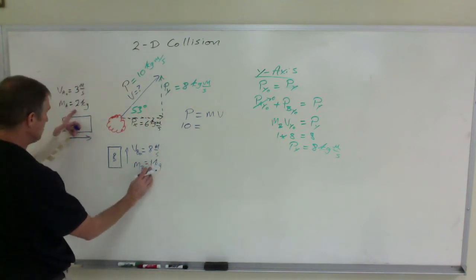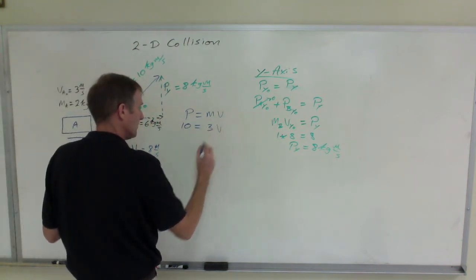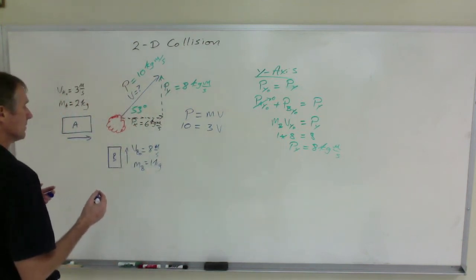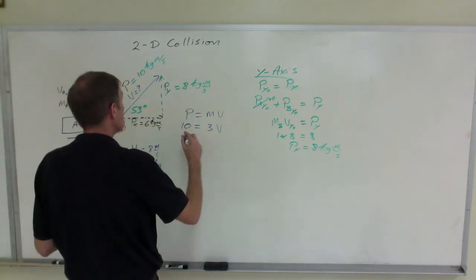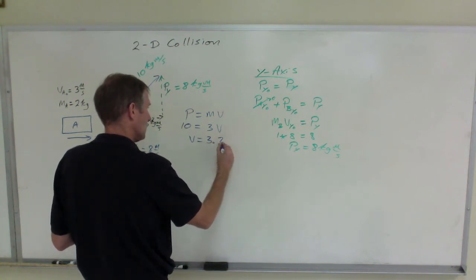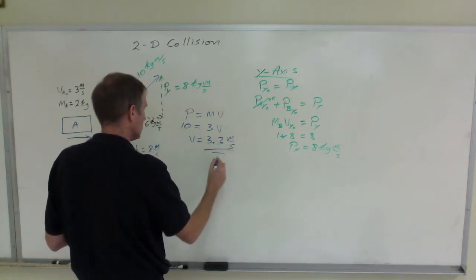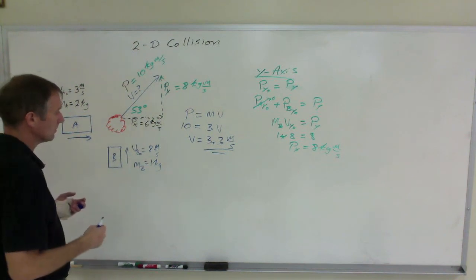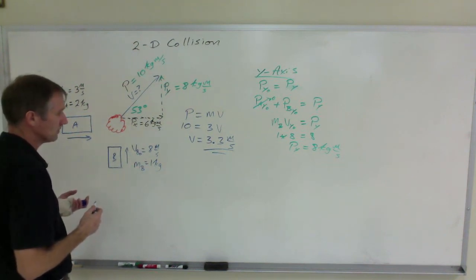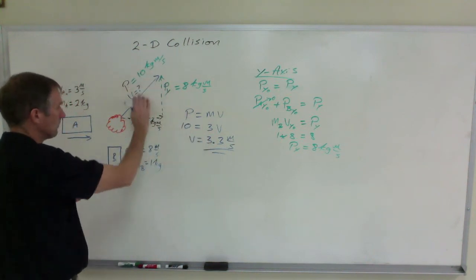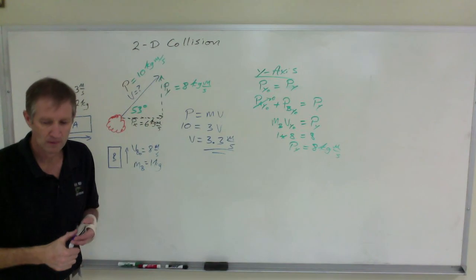So 10 equals 3 V. V is going to be 3 1/3, 3.3 meters per second, at 53 degrees above the horizontal. So there's your angle, there's your momentum. The velocity and the momentum are at the same angle. Done.